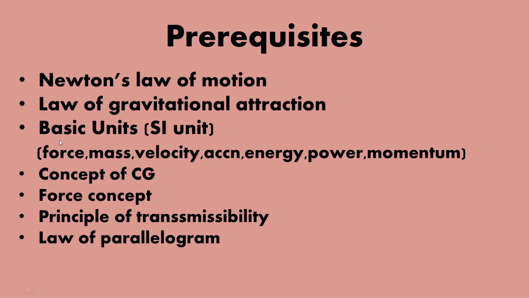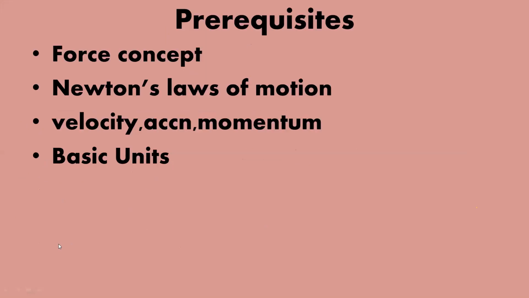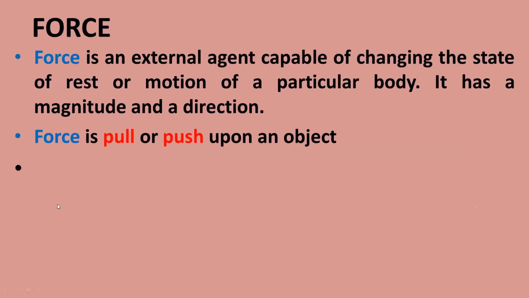Then basic units, that is units for force, mass, velocity, acceleration, energy, power, momentum. Then the concept of center of gravity. Then the basic concept of force. Then the principle of transmissibility and the law of parallelogram. Okay, so these are the prerequisites for engineering mechanics. So we will see these prerequisites or some basic concepts.